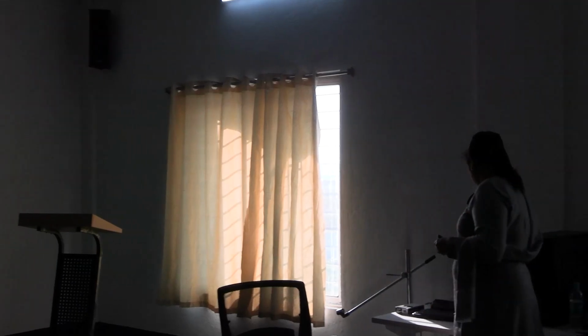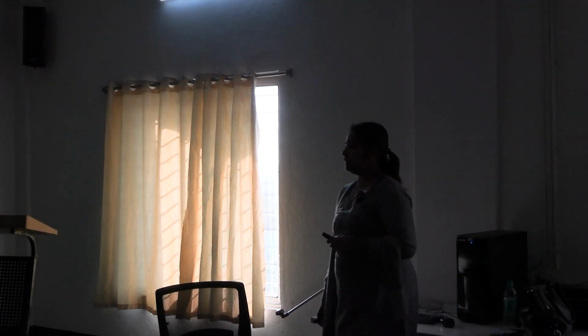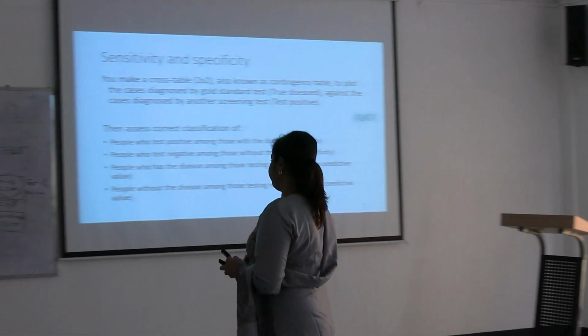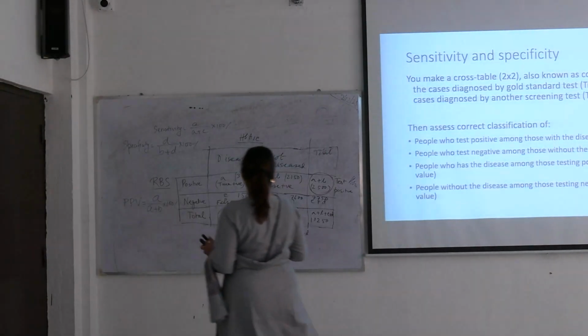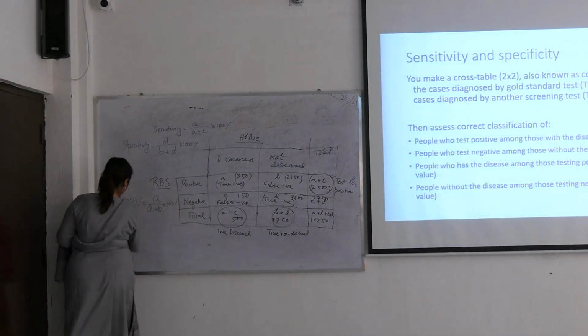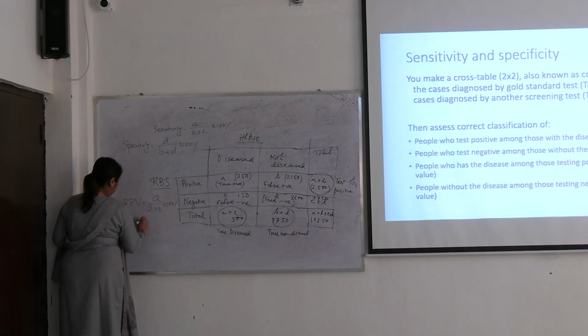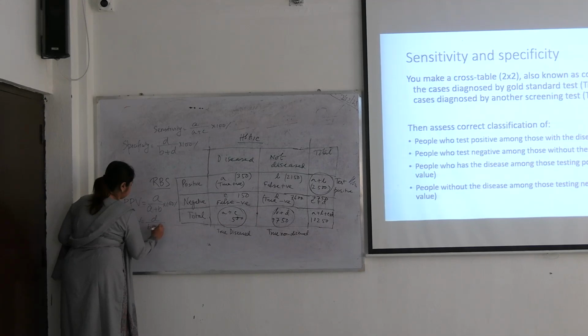Okay? Similarly, people without the disease among those testing negative, that is the negative predictive value, NPV. NPV is the people who are not having the disease among those testing negative.